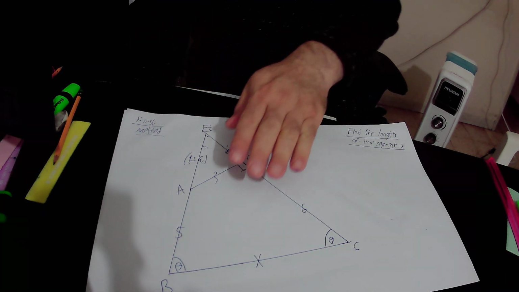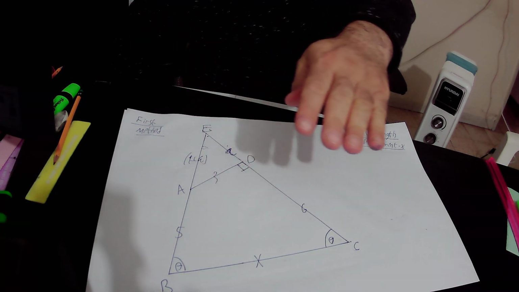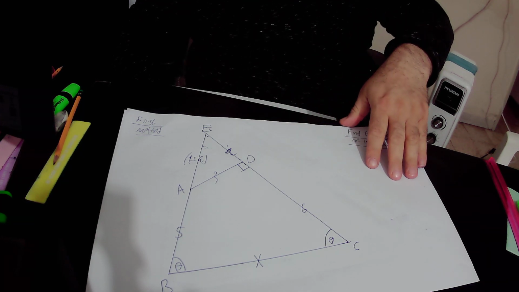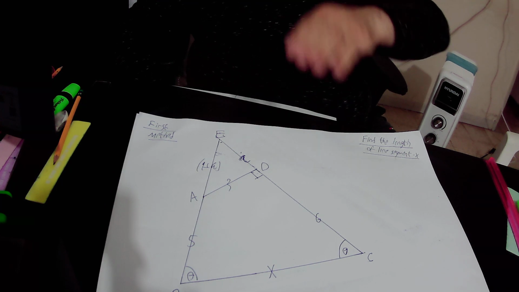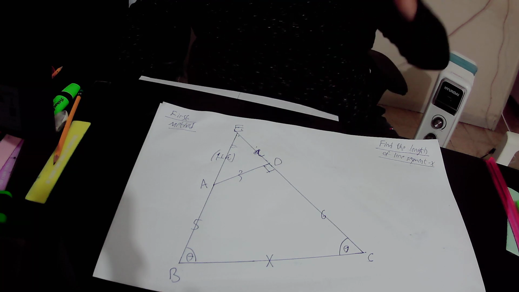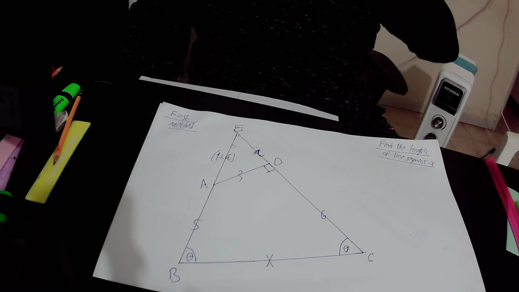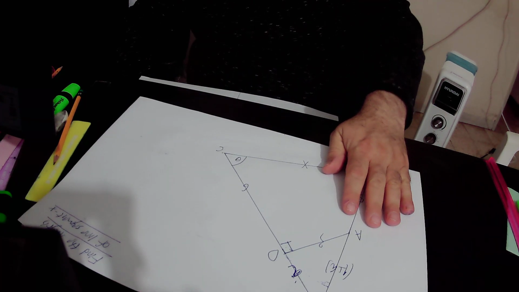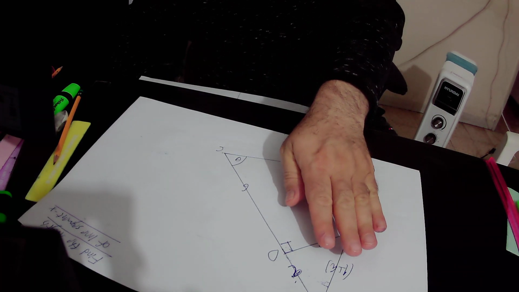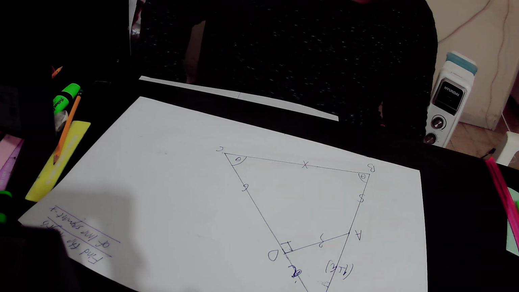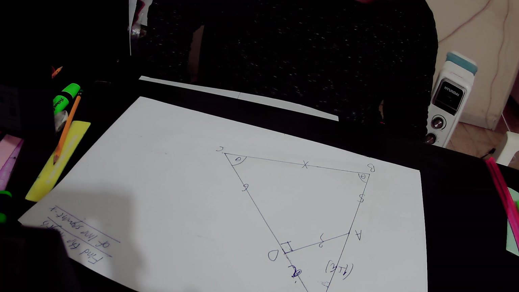So if you focus on this side of the straight line EC at point D, then the sum of the angles there must be equal to 180 degrees.